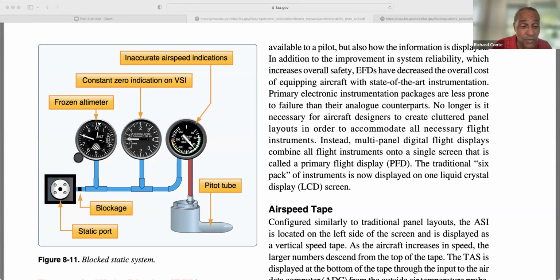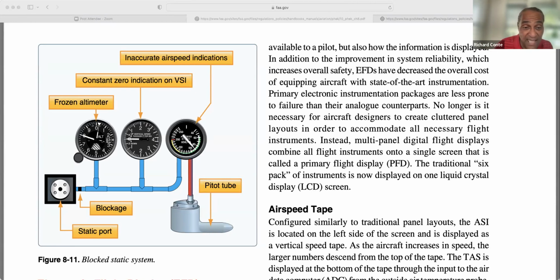It's 5 degrees or less, and you have moisture outside. The static port may get iced up. Now you're at 3,000 feet, doing 100 miles an hour, straight and level. Then the static port gets iced up. You'll have no idea that something is not working, because at 3,000 feet, you're level.